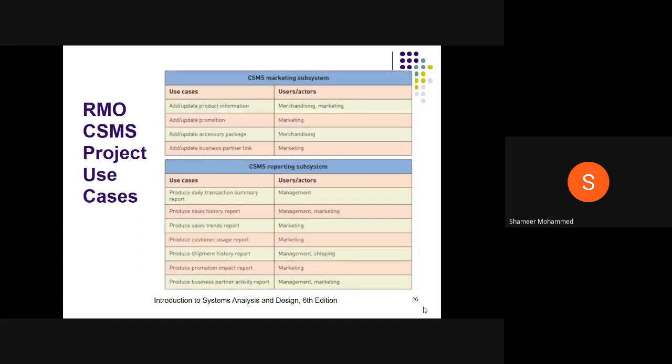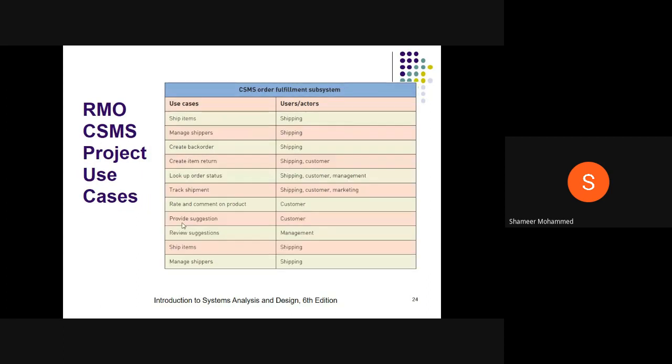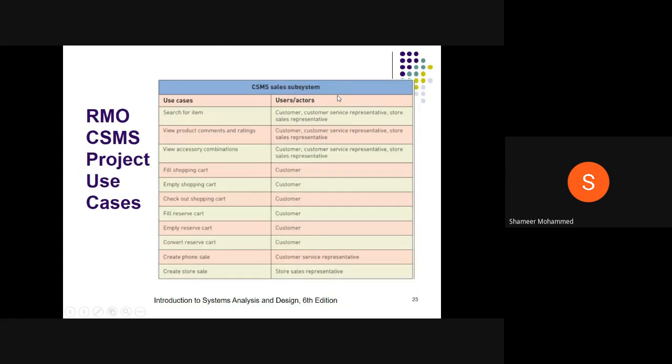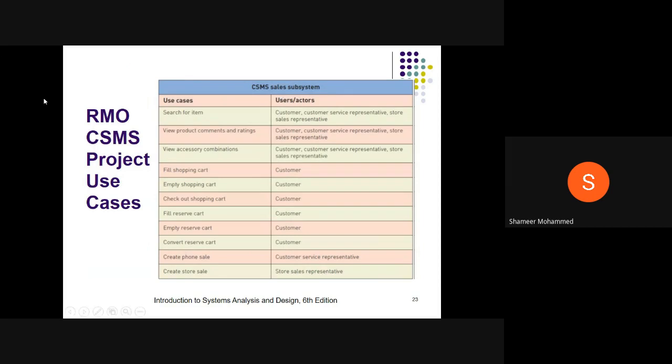Okay, so these are all the use cases. For the marketing subsystem, this is the use case. For the reporting subsystem, these are the use cases. This is for the accounting system. This is for the order fulfillment system. This is for the sales system. So these are the different systems in this company.